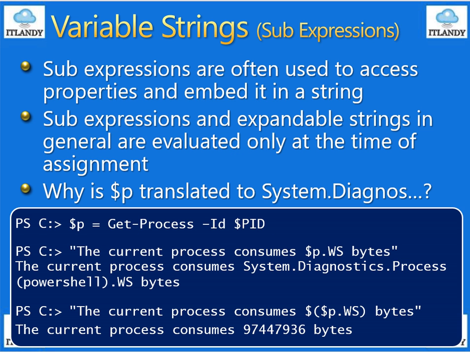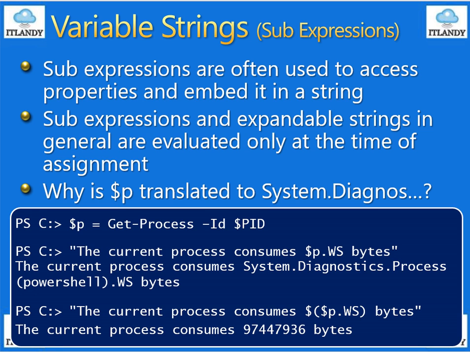Next is the sub-expression. Sub-expressions are often used to access properties and embed them into a string. Sub-expressions and expandable strings in general are evaluated only at the time of the assignment. Why is $P translated to System.Diagnostics? Because another use of it is to extract the value of a property to display. This I personally use a lot. It saves the step of creating an additional variable to contain the value of the property before displaying it.